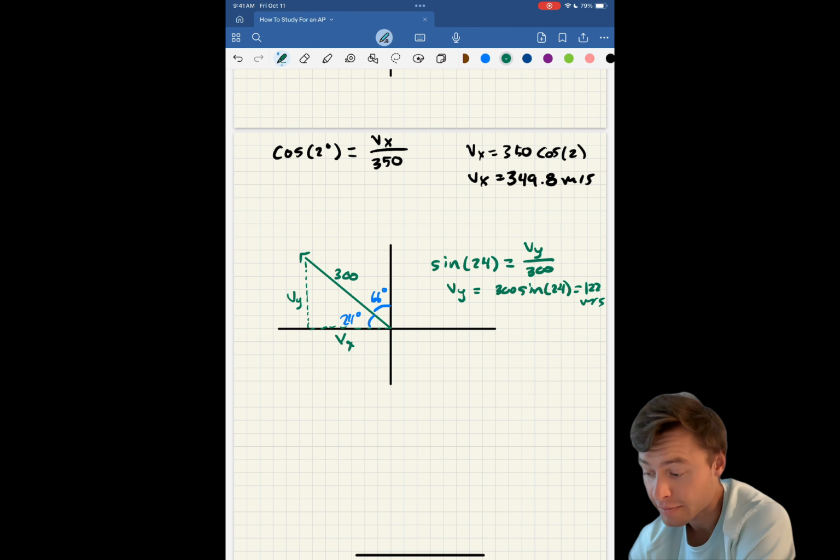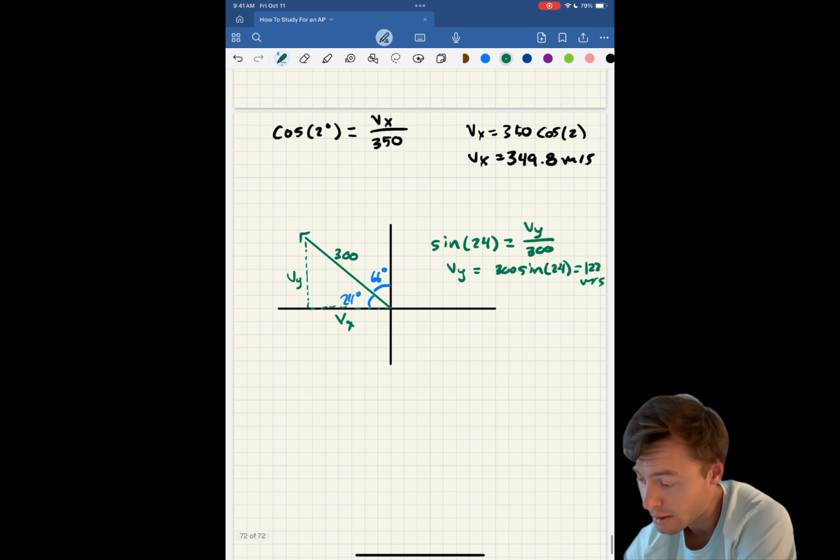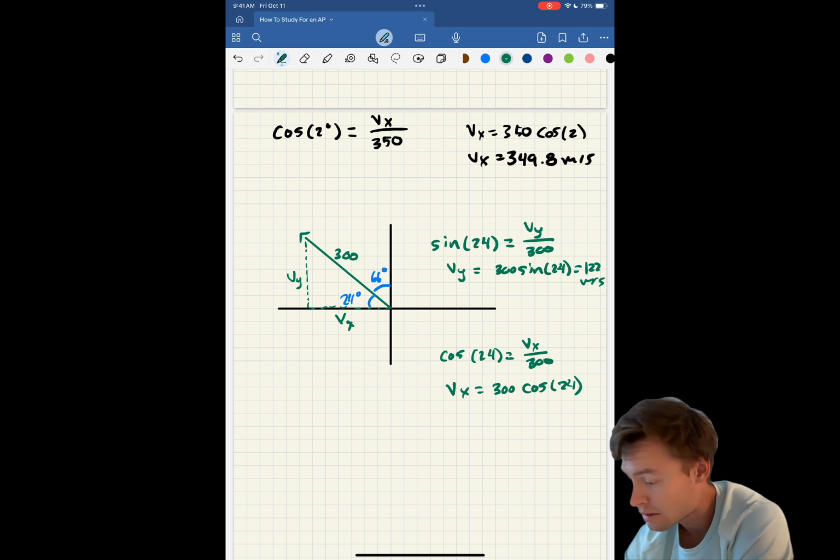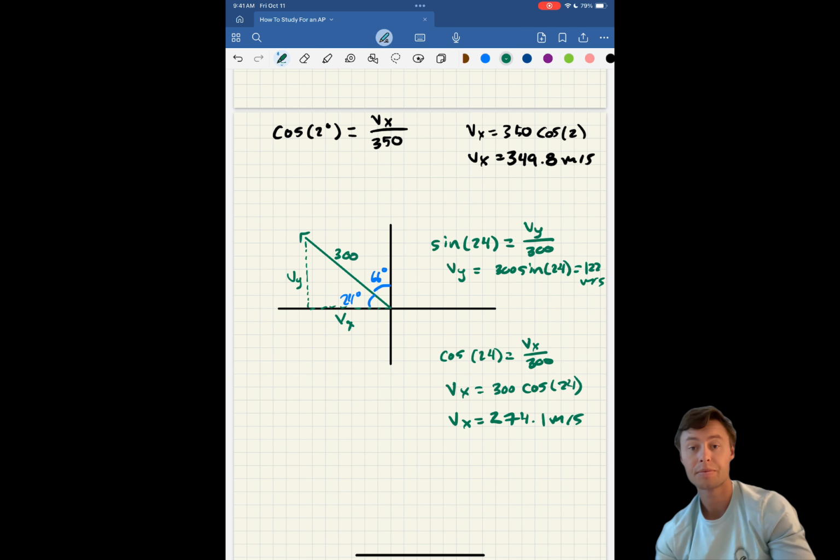Then we do the same thing for the horizontal component. We can say that the cosine of 24 is equal to v sub x over 300, or v sub x is equal to 300 cosine of 24. And we'll do that on a calculator. V sub x is equal to 274.1 meters per second. Okay, great.